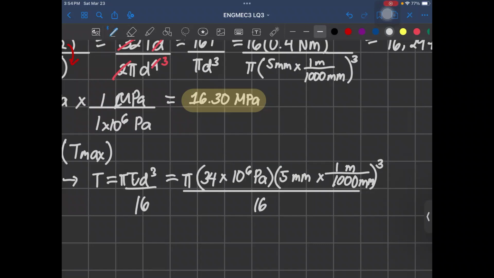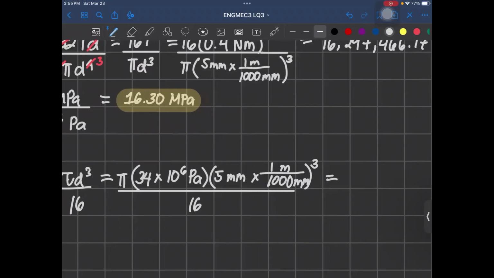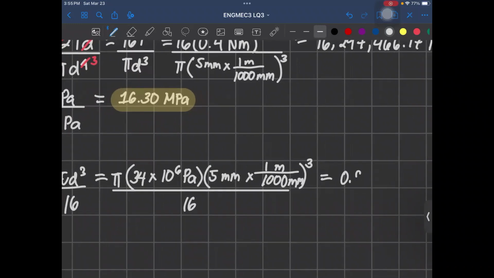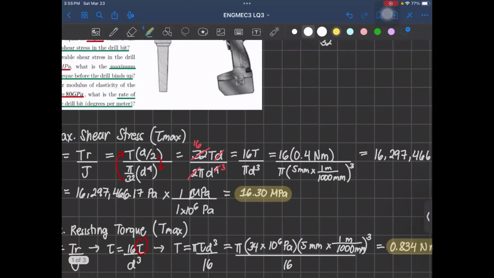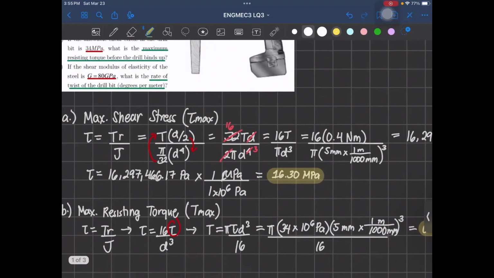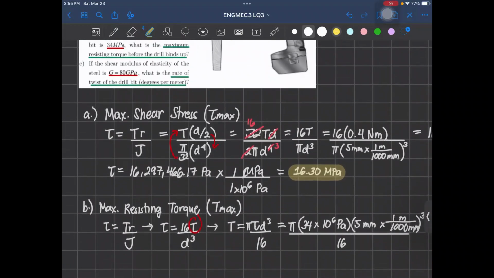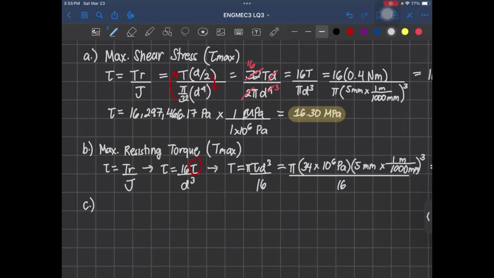And the answer would be, in Newton meters, 0.834. And we can already mark that as our final answer, since it doesn't require us to convert it into any units. So there.